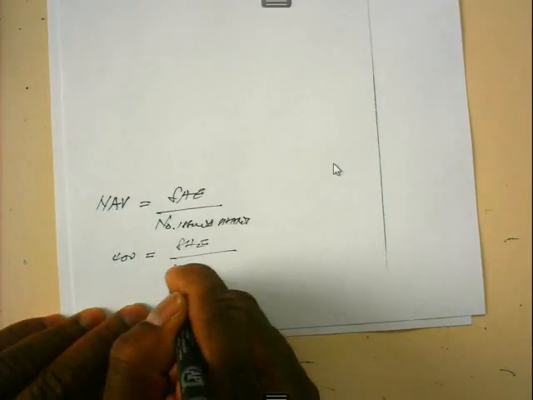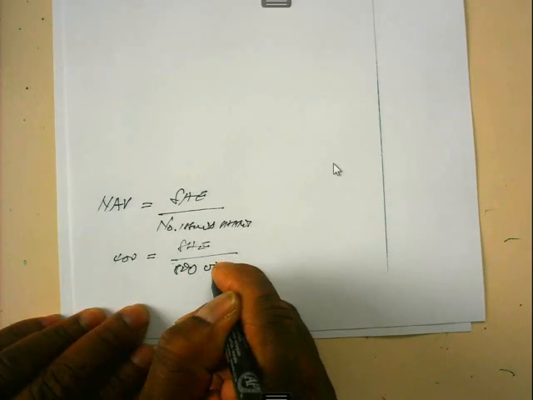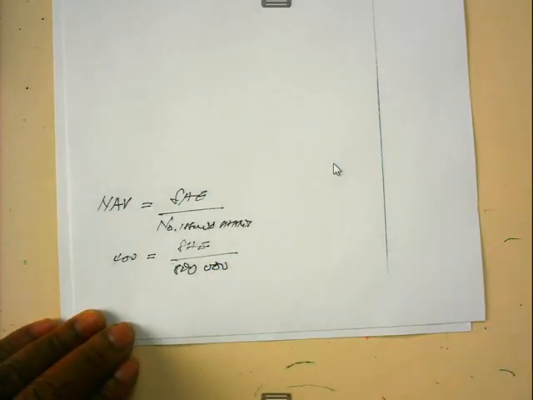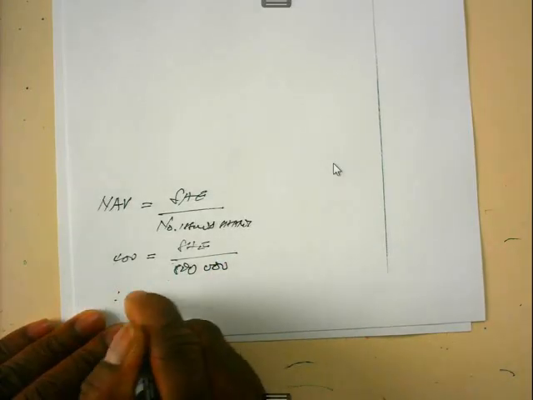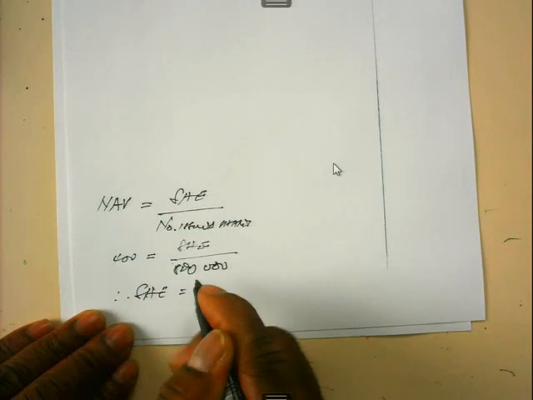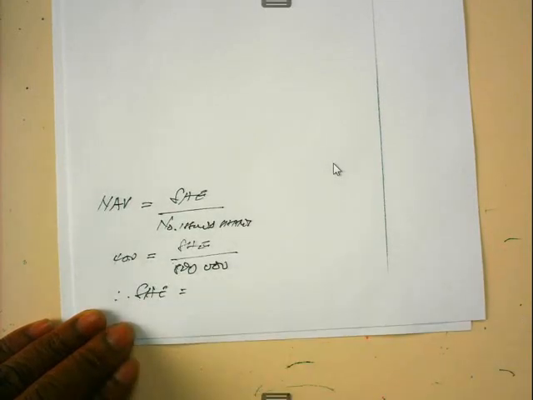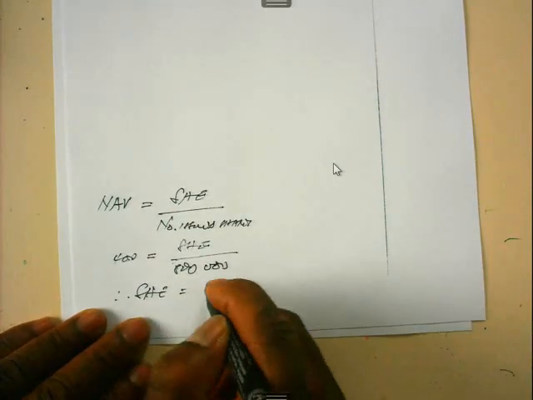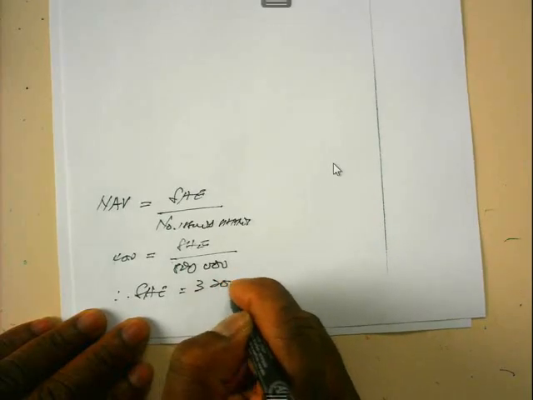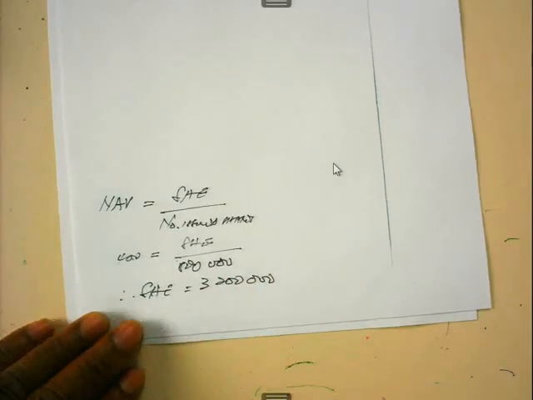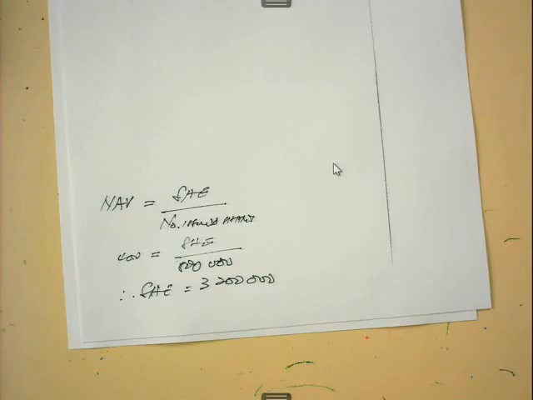So divide by 800,000. Therefore, shareholders' equity is equal to 400 times 800,000.